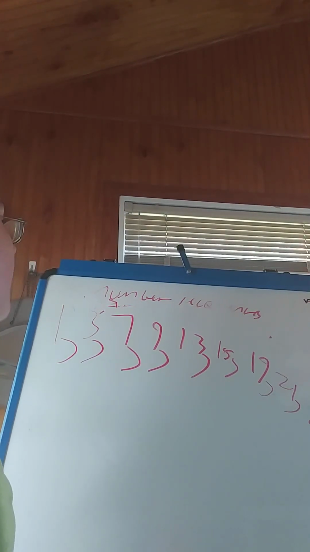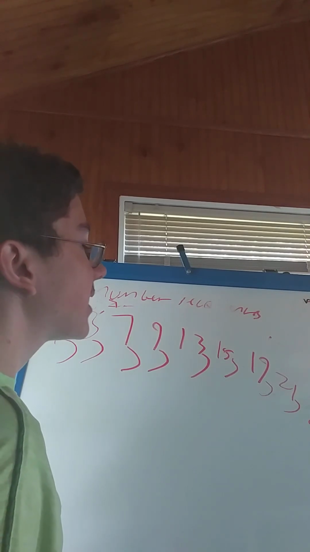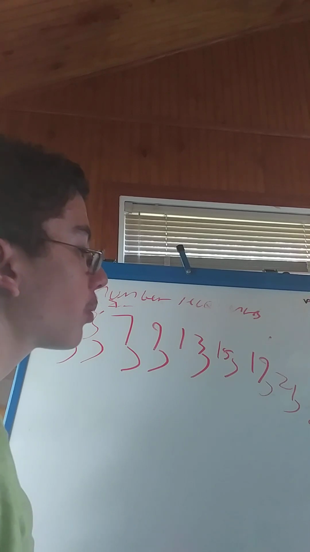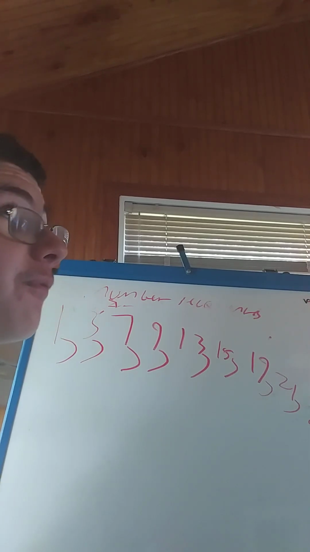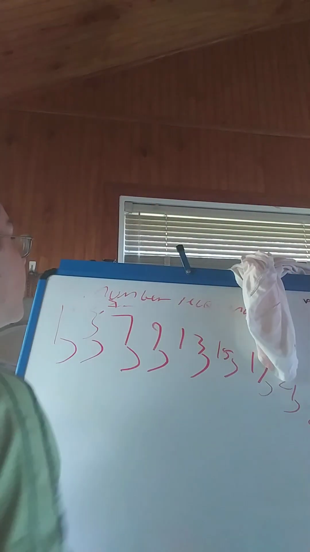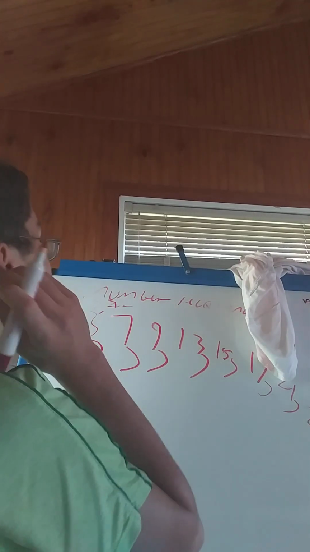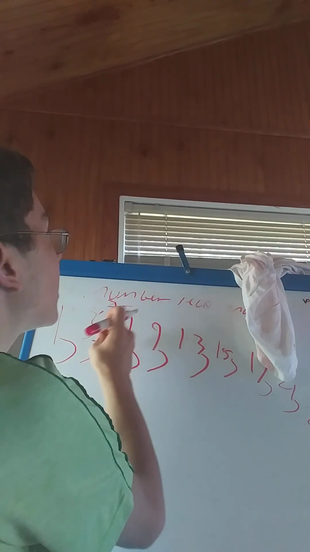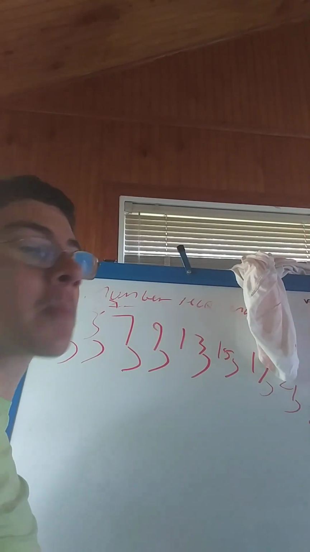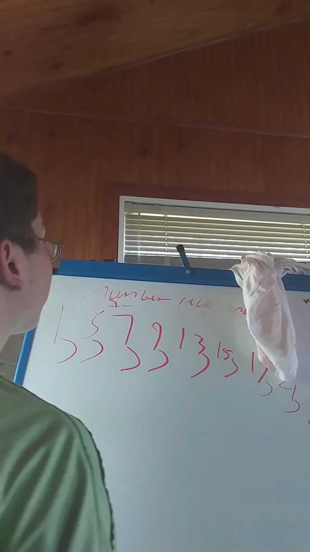So 1, 3, 7, 9, 13, 15, 19, 21, 25. All of them have something in common, which is a rule. So, how many places from 1 to 3? You determine how many places from a number to another number. Okay, that's what we're finding.